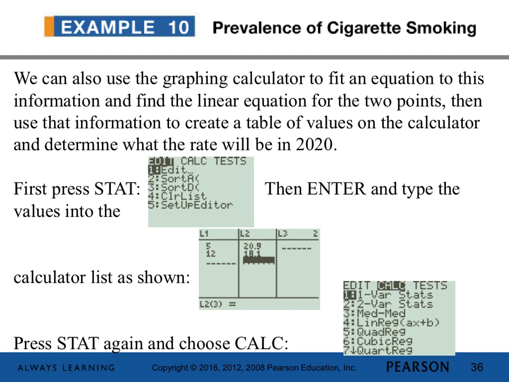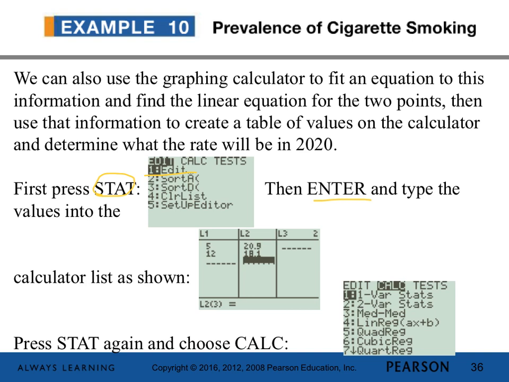You can also use the graphing calculator to fit an equation to this information and find the linear equation for 2 points, and use that information to create a table of values on the calculator and determine what the rate will be in 2020. The way that we're going to do this, and we're going to do this again later, which is why I'm introducing it now, is you're first going to press your stat button on your calculator, and choose to edit the data, which means you just hit enter.